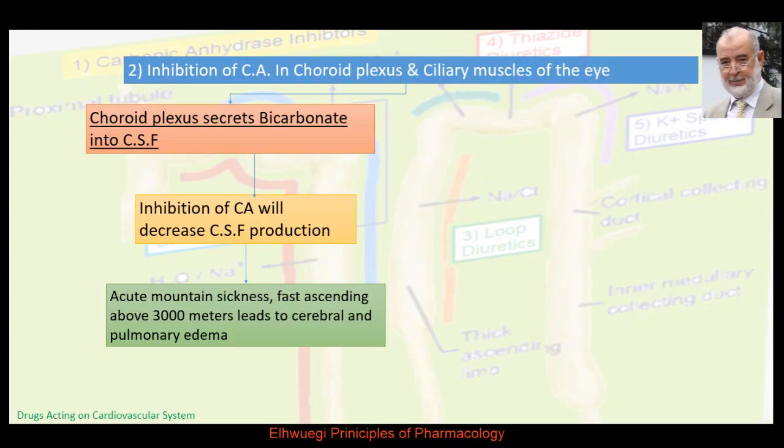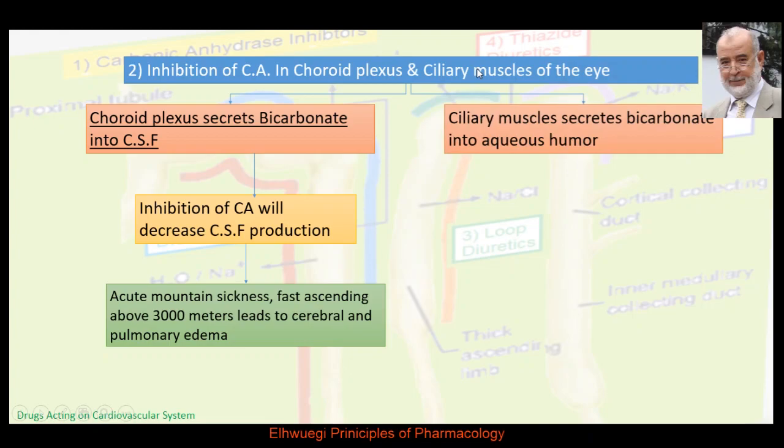The second application is the ciliary muscle of the eye, which, as we said before, is responsible for the production of the aqueous humor, and usually bicarbonate increases the volume of the aqueous humor. This bicarbonate secretion into the aqueous humor depends on carbonic anhydrase.